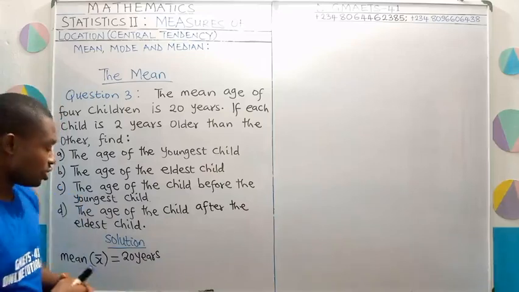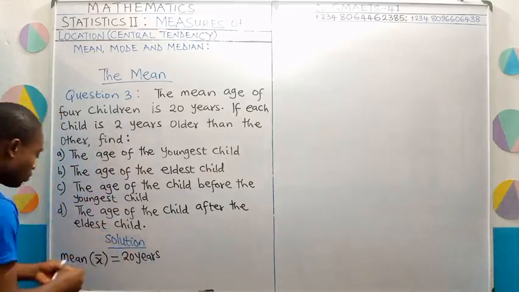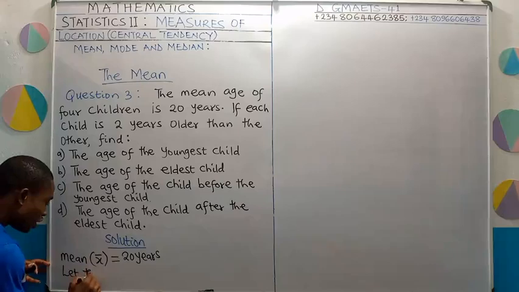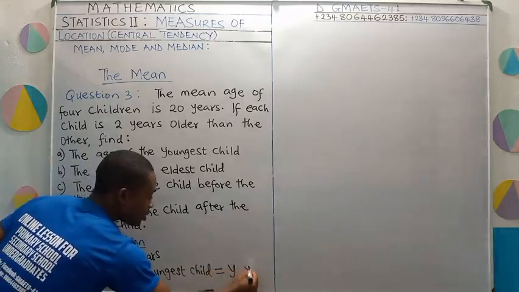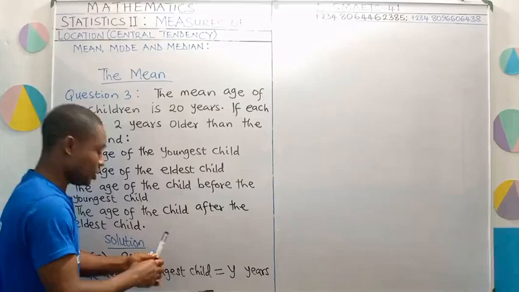We don't know it. So from there we can start building up the ages of the other ones. Let the age of the youngest child be y years.